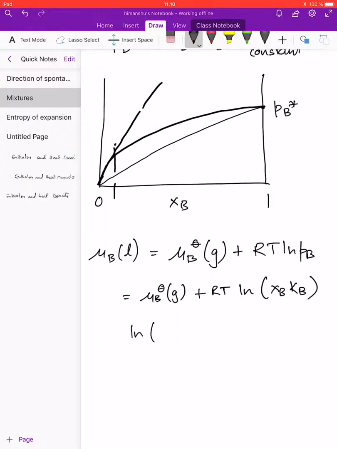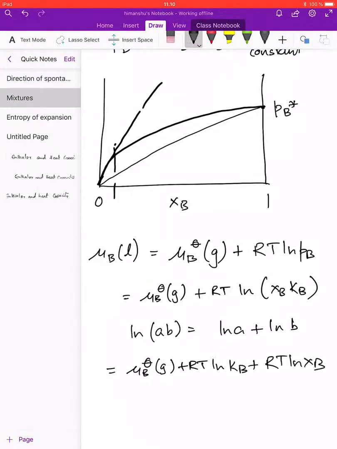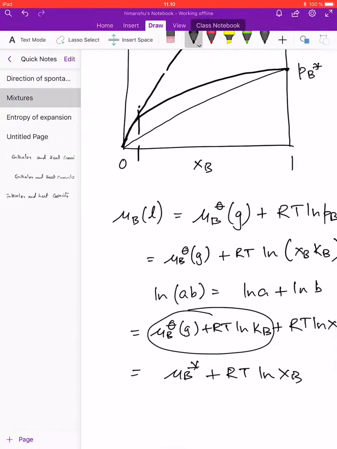And now remember that log of A multiplied by B is equal to log of A plus log of B. So we can simplify the above equation and write it in the following way. This entire thing here is a constant, and this can be called the chemical potential of pure B, plus RT multiplied by the logarithm of the mole fraction of B. So this comes from Henry's law.